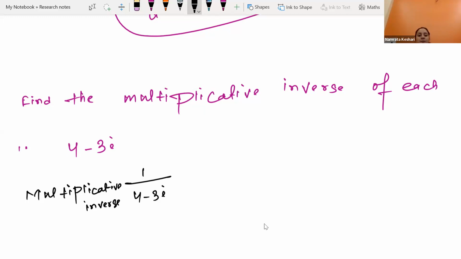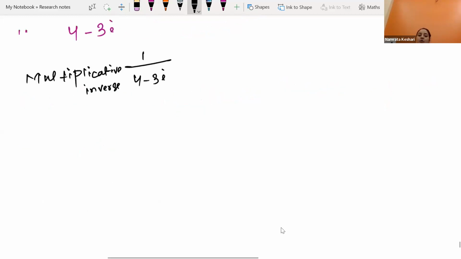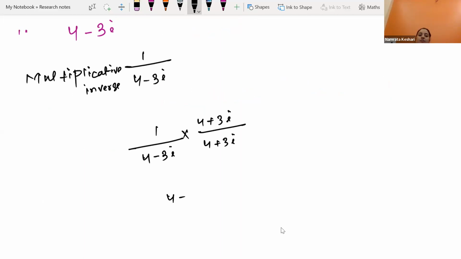Yes, ma'am. Now we will do the simplification. We will try removing this i from the denominator. So for that we need to multiply by what, Ali and Alina? 4 plus 3i by 4 plus 3i. It became 4 plus 3i in the numerator.